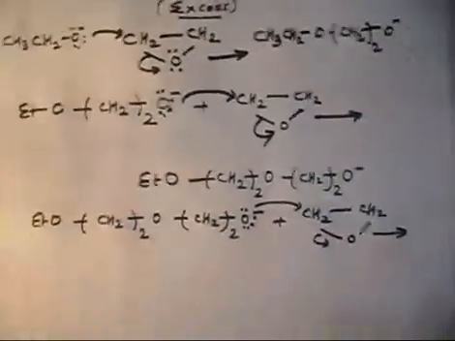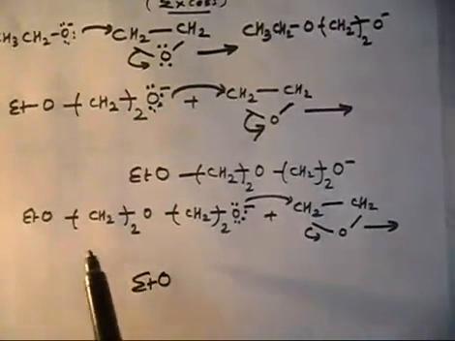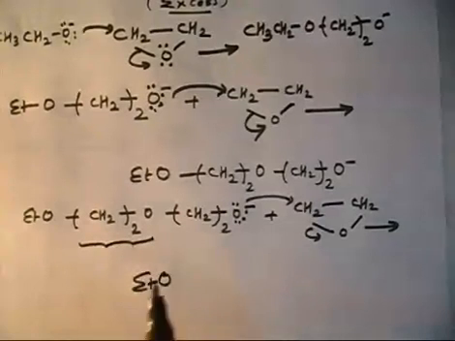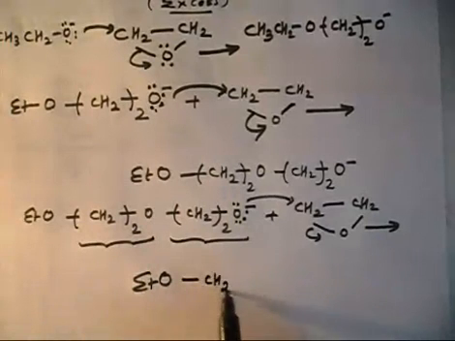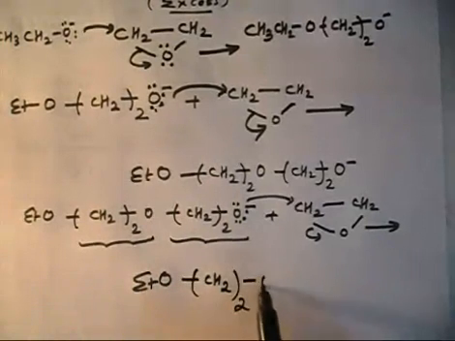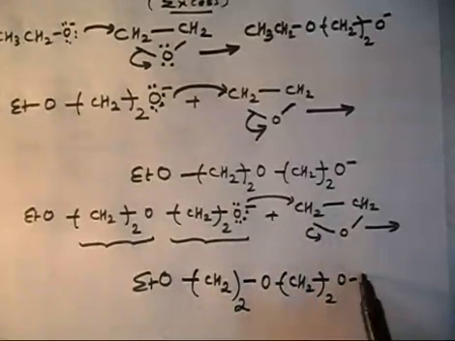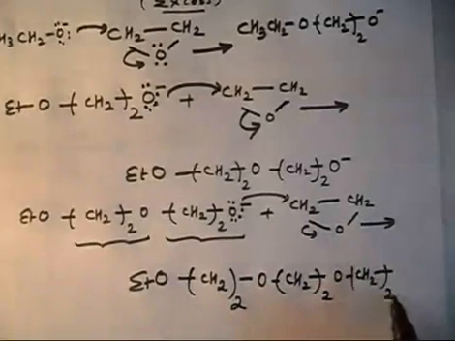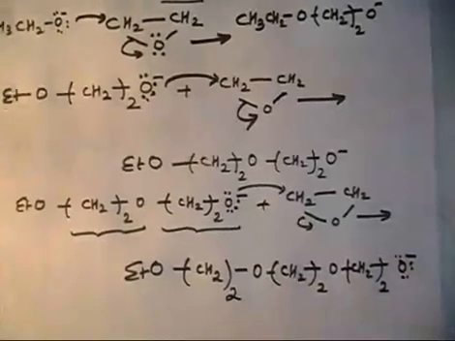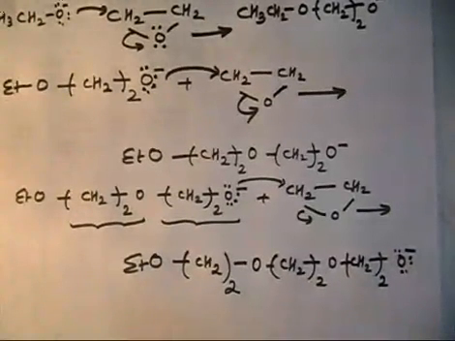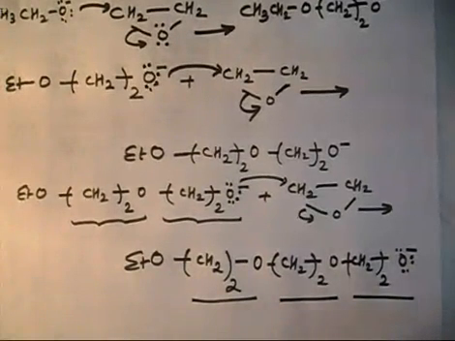So you will have again OEt, then what you got earlier, CH2 twice O, once again CH2 twice O, and then again CH2 twice O with a minus charge. If you see clearly what is happening, the same unit CH2CH2O keeps repeating.